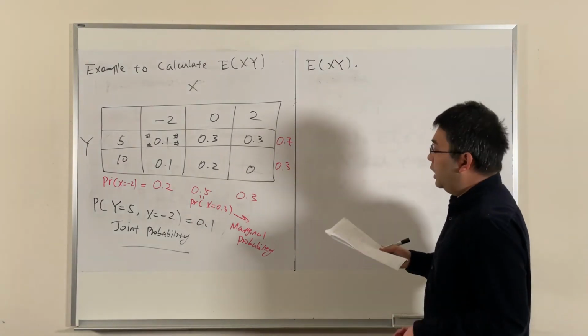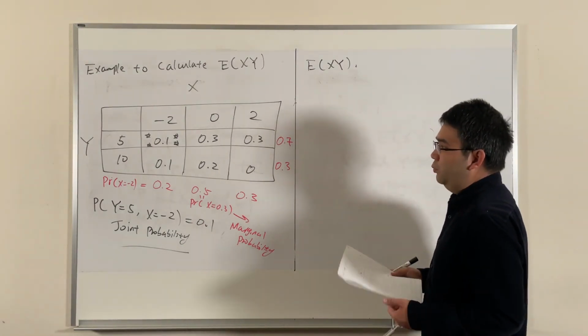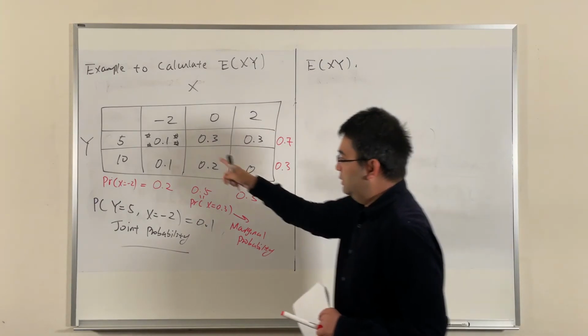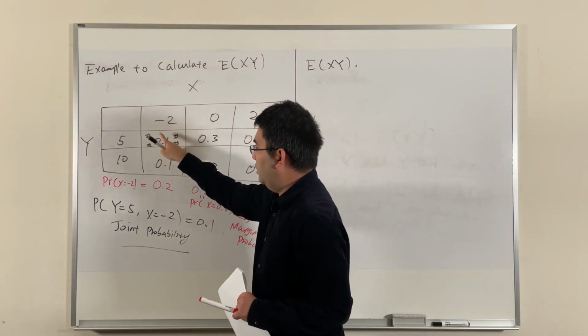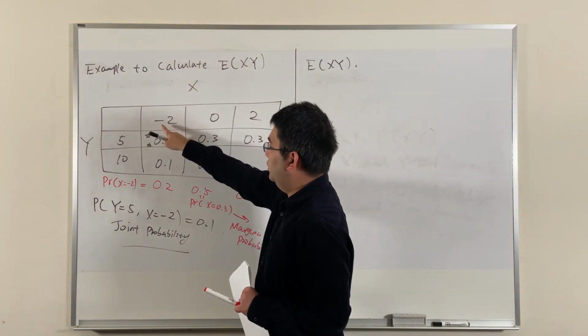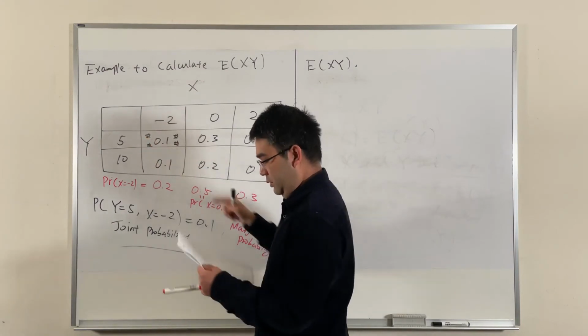So what are the possible outcomes that we get? The first case is looking at this cell here, x equals -2, y equals 5.